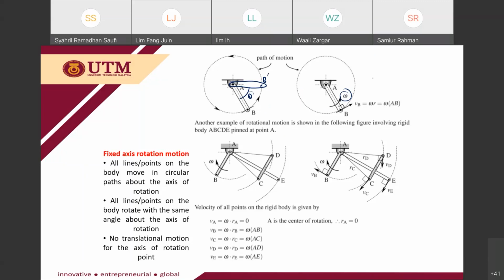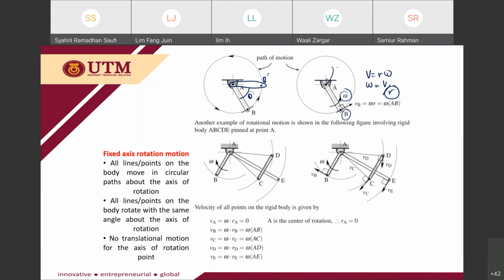So V is equal to R omega. So omega is equal to V over R. This is the equation for the angular velocity. So what is R? R is the radius, the distance from the point, let's say from point B, to the center of rotation.